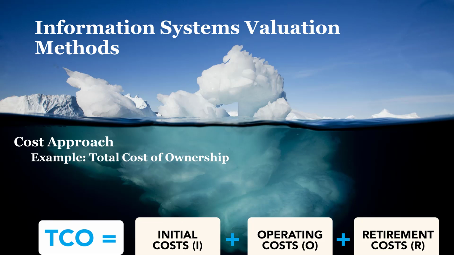By meticulously assessing both direct and indirect costs, including hardware, software, personnel, training, support, and downtime, organizations gain insights into the total investment required to procure and sustain the system over time, aiding in informing decision-making regarding resource allocation and investment prioritization.